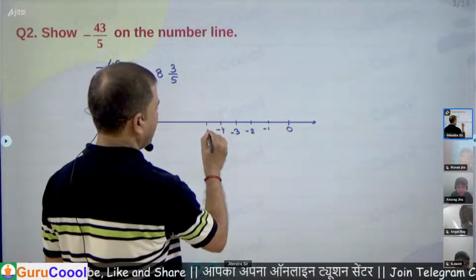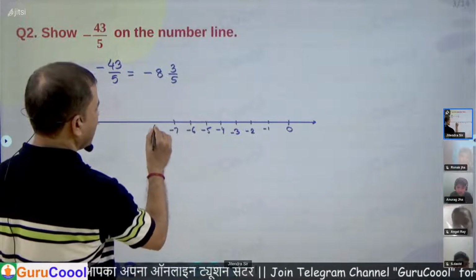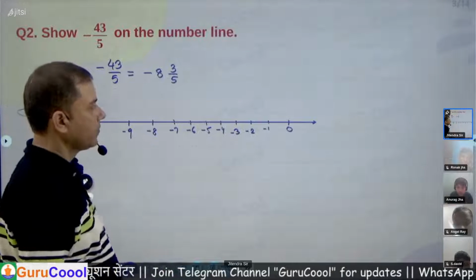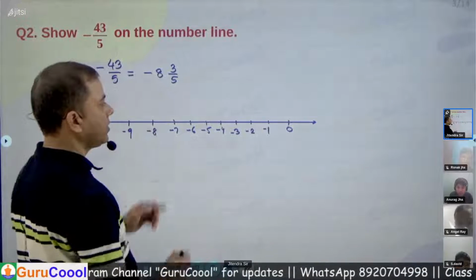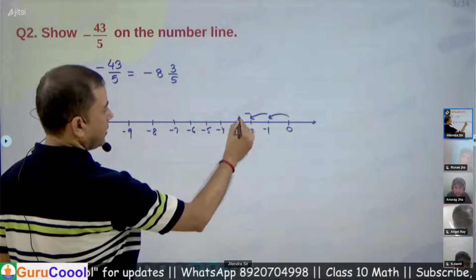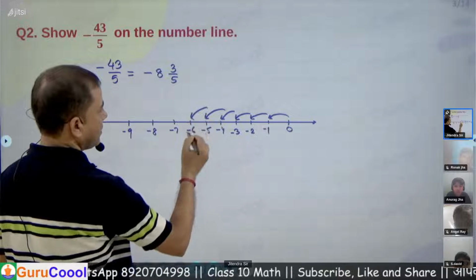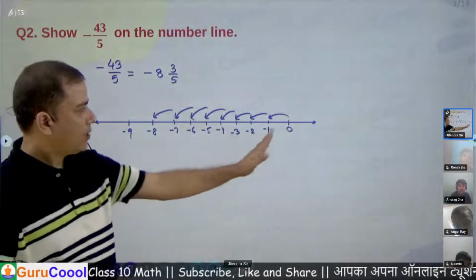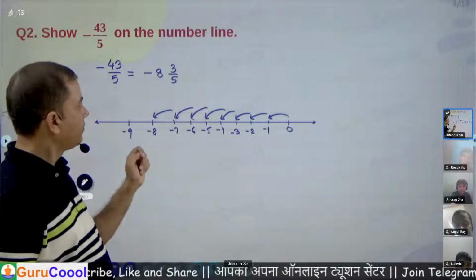Minus 4, minus 5, minus 6, minus 7, minus 8, minus 9. So from 0, let us travel 8 units on the left side: 1 unit, 2 units, 3, 4, 5, 6, 7, 8. We have traveled 8 units on the left side from 0.